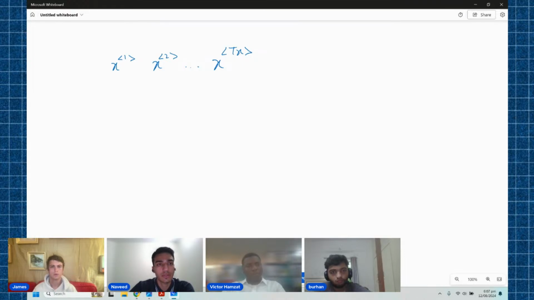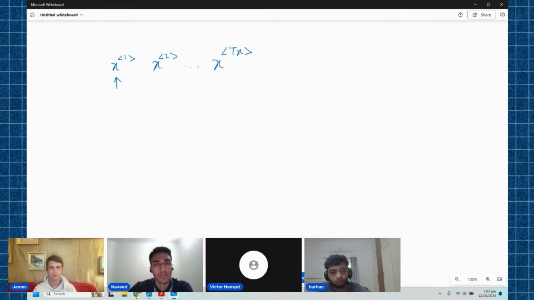These are different time steps. This is the first time step, this is the second one, and so on. Let's say for now we have restricted our discussion so that the total length of these samples is tx. So tx is simply the total length of the sequence that we are looking into.